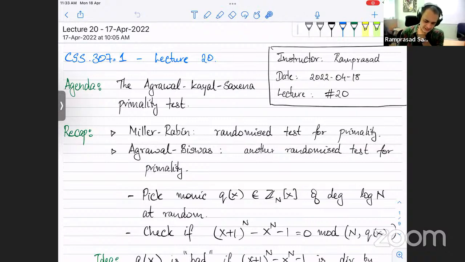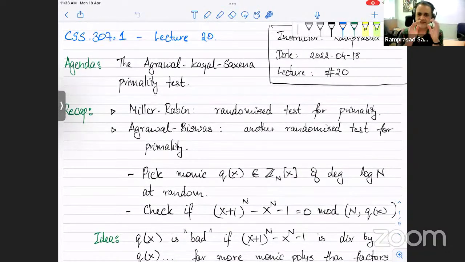Okay, so I'm going to just recap a few things that we will need for today's lecture. Not really need, but it helps set up the basic tools. So we started off by doing the Miller-Rabin test. Even though Miller-Rabin is not going to be particularly needed for today, it's good to keep in mind that all of these primality tests follow a particular template, which is that prime numbers satisfy a certain property, and this property will often be of the form, for all choices of a certain A, something happens.